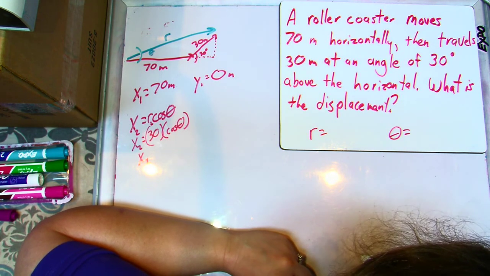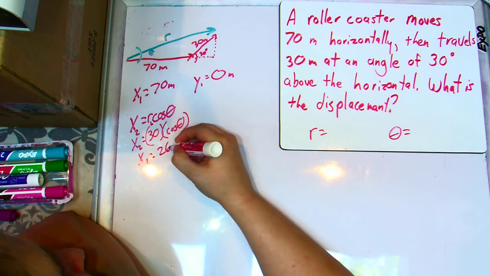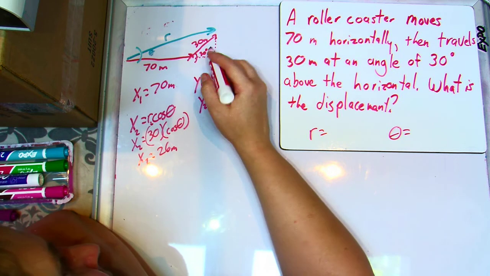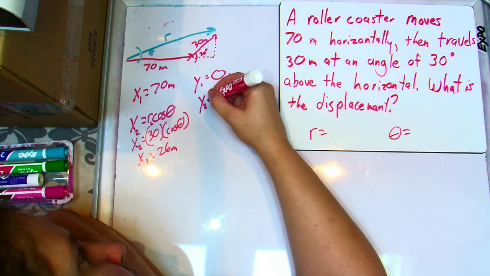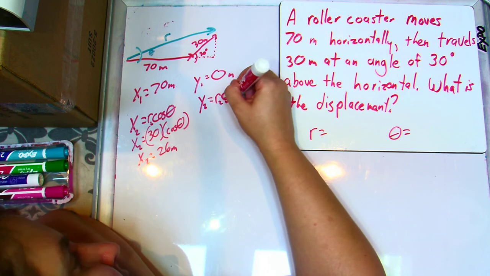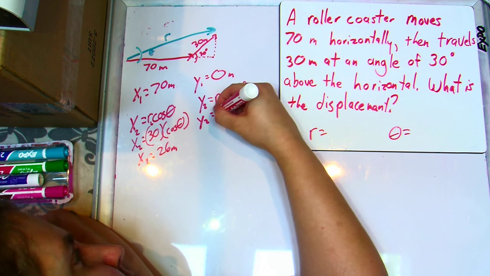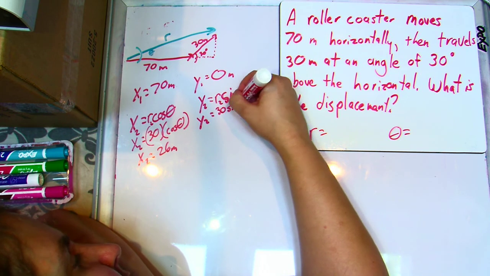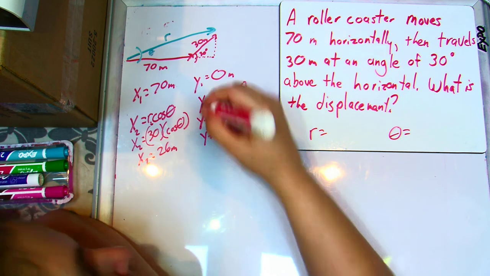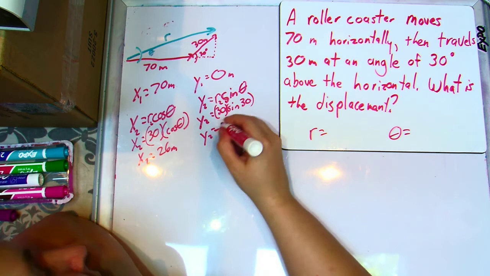That would give us 26 meters. Now for the y of this component, it would equal r sine of theta. So y2 equals 30 sine 30 degrees. Y2 would equal 15 meters.